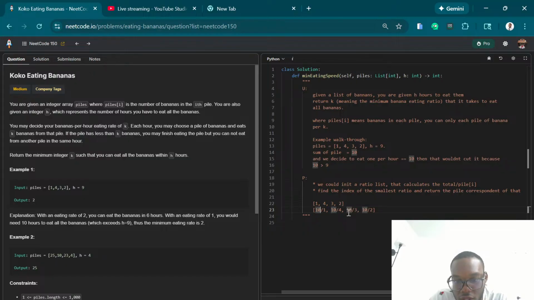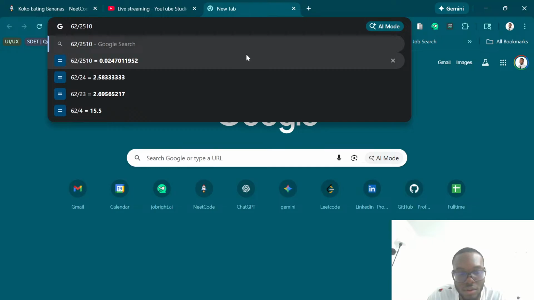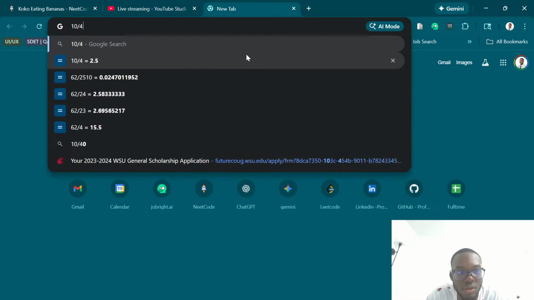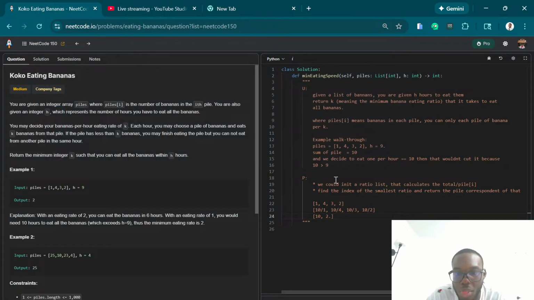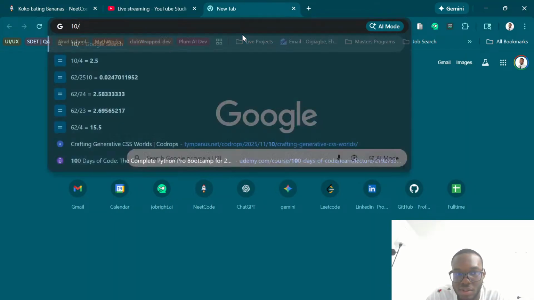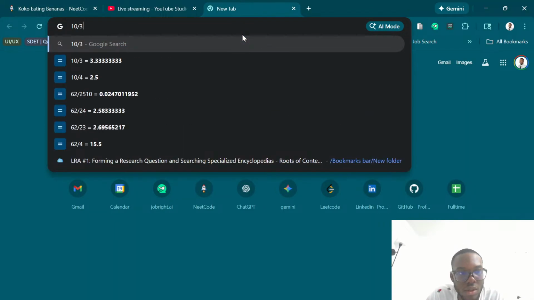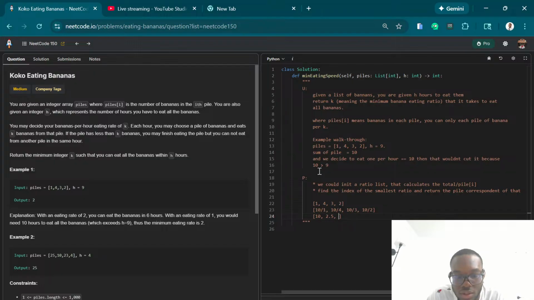And then this is going to give us 10. It's going to give us like 2 point something. 2.5, yeah. And then 10 divided by 3, that should be 3.33, yeah.